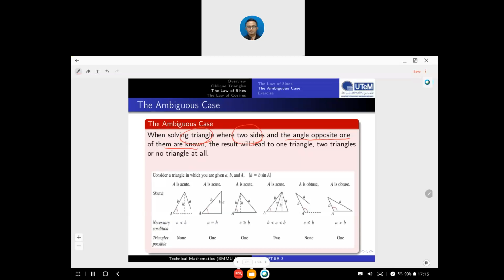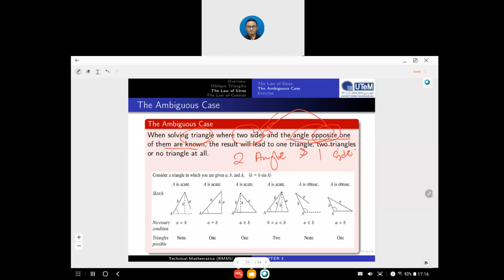Previously you knew two angles and one side. But for this one, you know two sides but only one angle, and this angle must be opposite to one of the sides that you know.